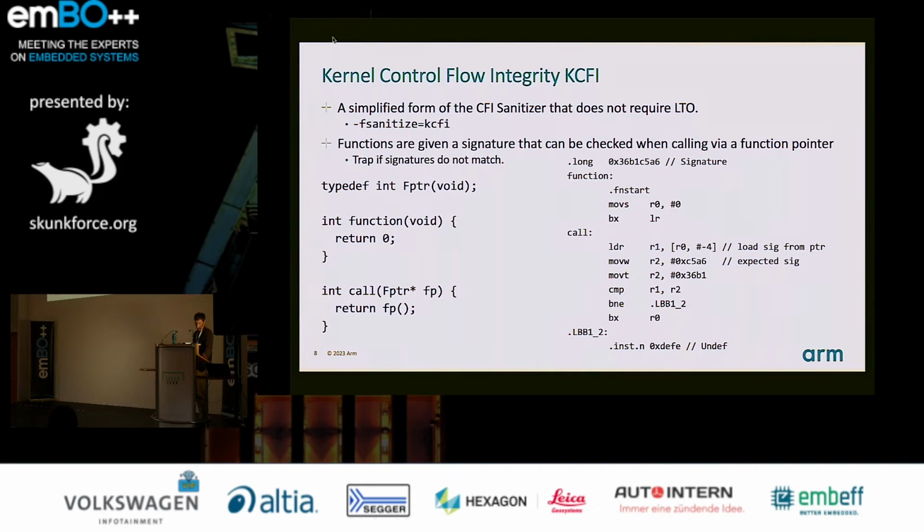So there I've got a function pointer that's just a void function returning an int, and that has a particular signature, that .long at the top. Before calling an indirect function, the control flow integrity sanitizer looks at the address 4 bytes above where the function address is supposed to be and checks that the signature matches.